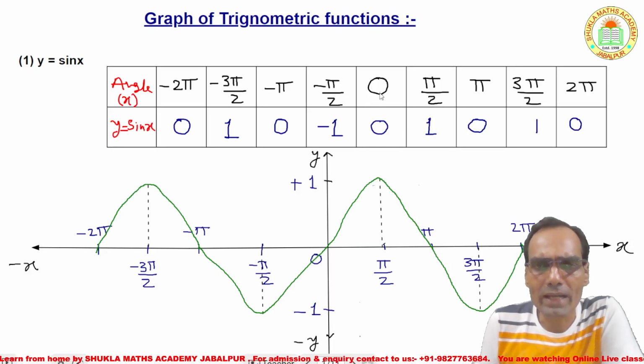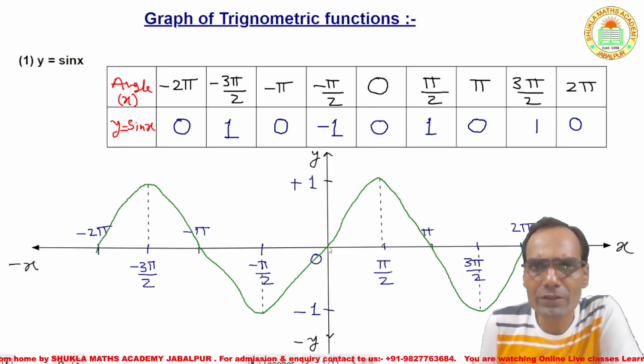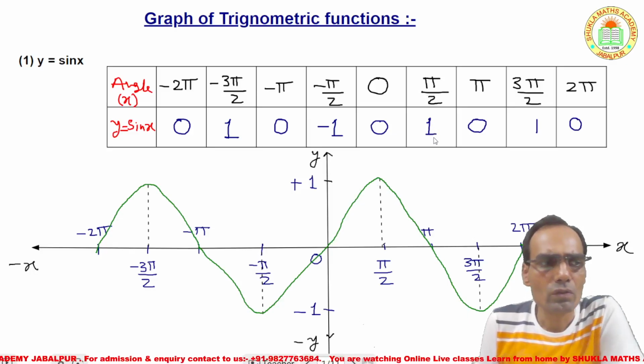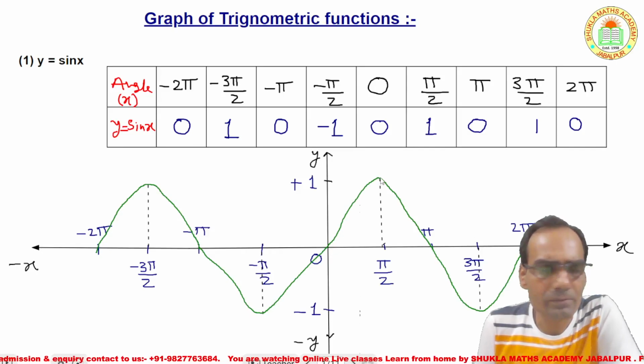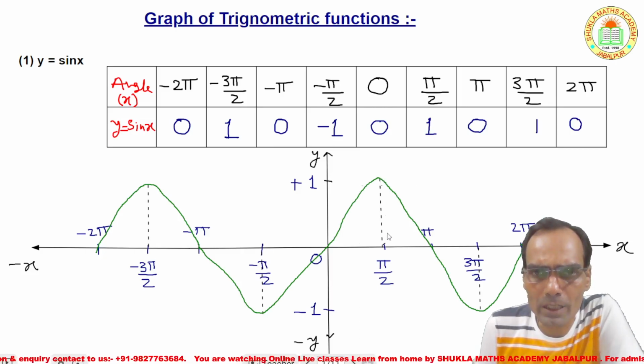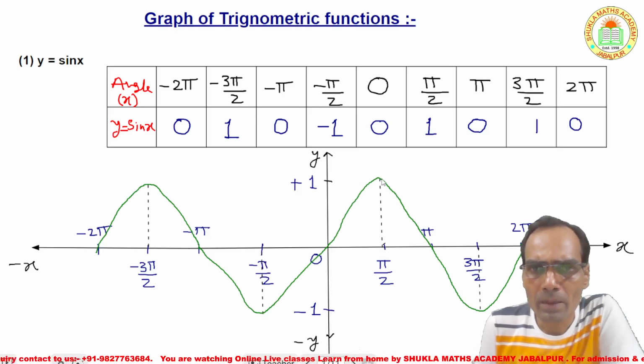At the point 0, x equal to 0, the value of sine 0 is 0, right? So here 0, and the next value is positive, sine pi by 2. Sine pi by 2 is 1. So sine 90 is 1. So now see that it will go up to plus 1. It is the highest value at the point pi by 2, and after that at pi the value will be 0, right?